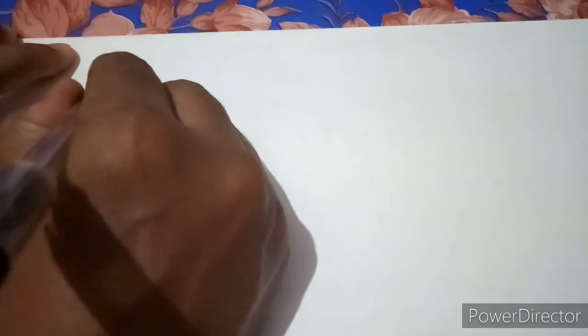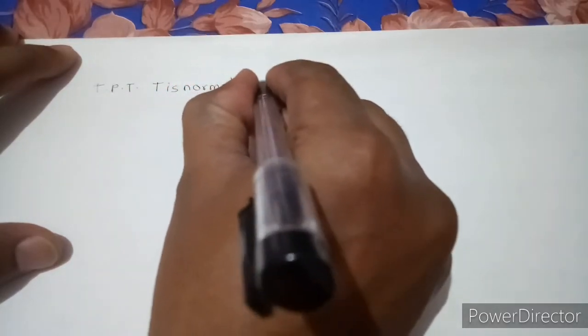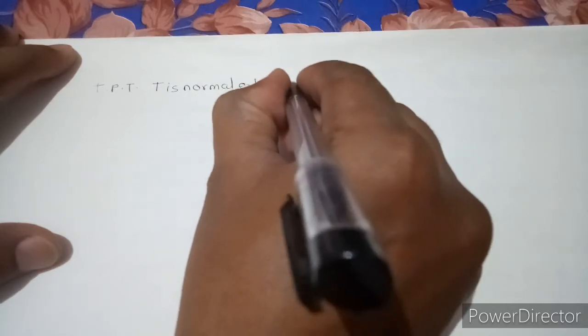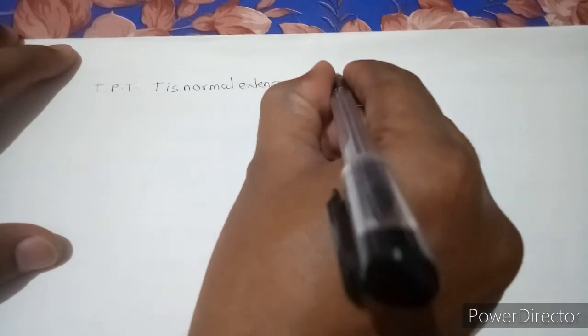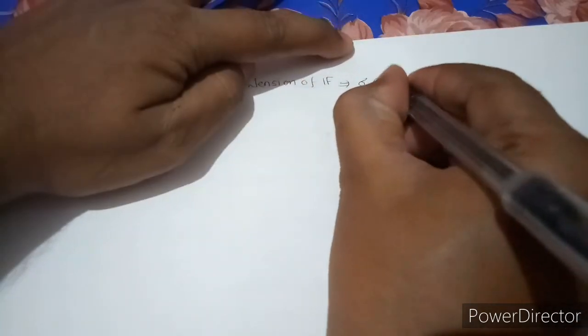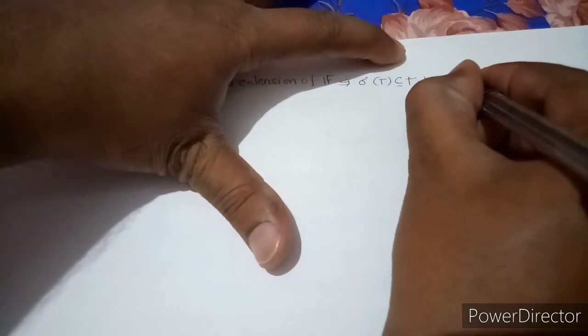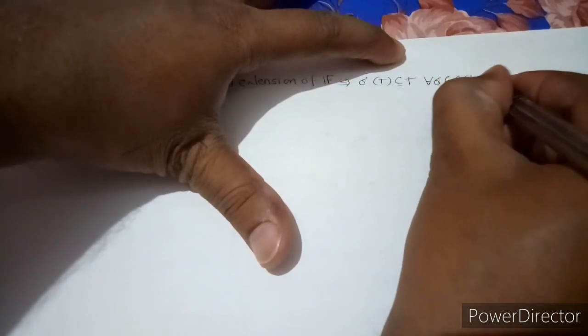Okay, now in the converse we have to prove that T is a normal extension of F implies sigma of T is contained in T for all sigma belonging to G(K/F).